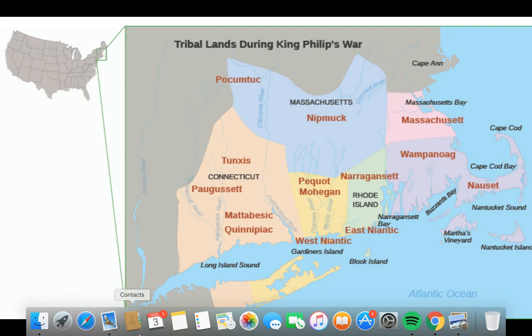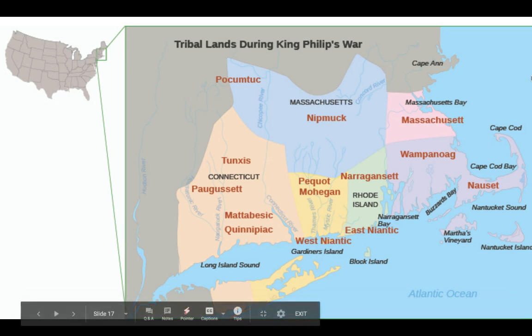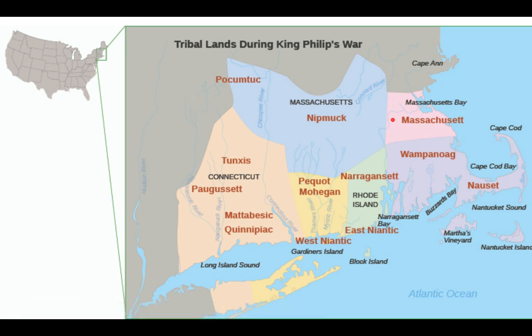Here's a situation that's going to happen with the Massachusetts Bay Colony and the Native Americans. So this is the Massachusetts Bay right here. But as you can see, there's a lot of other names on here that maybe you have never seen or heard of before.